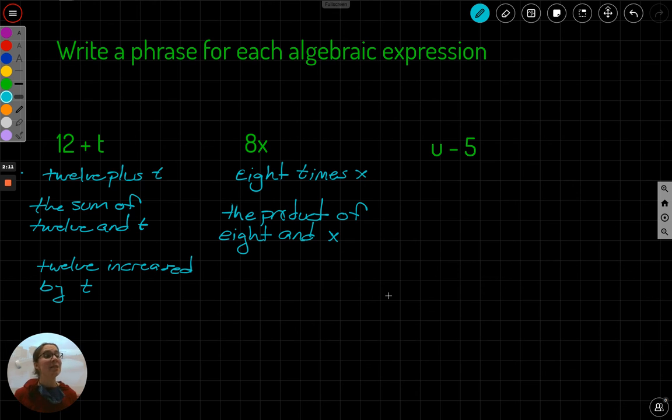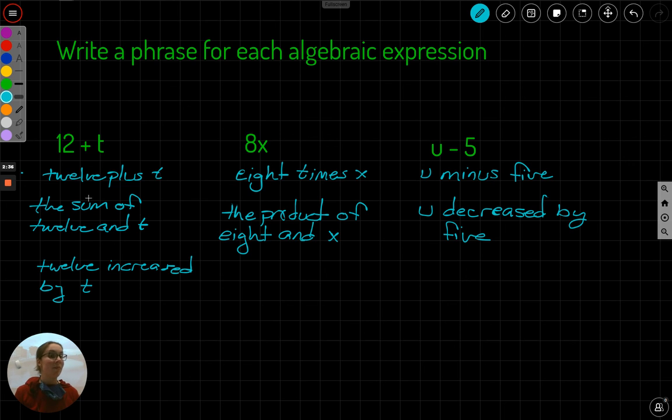And lastly, we've got this one here, which I can write in a couple of ways. I can write it as u minus 5, or I can write it as u decreased by 5.